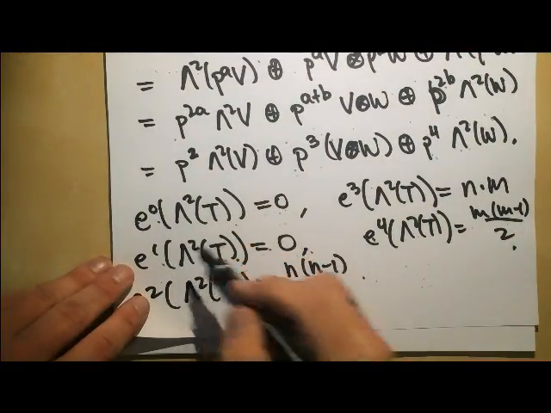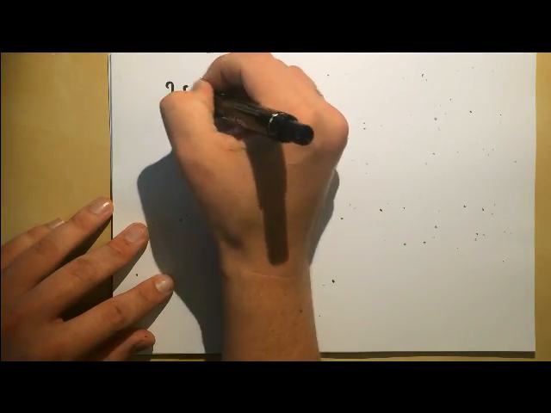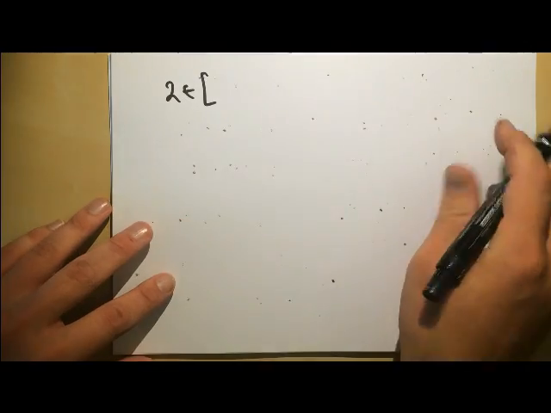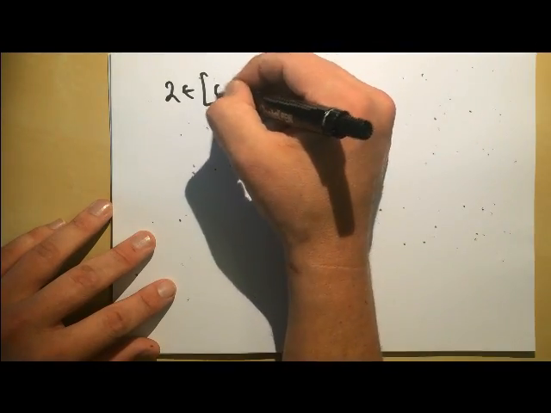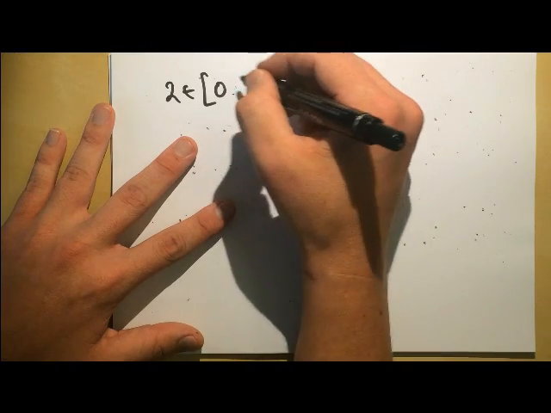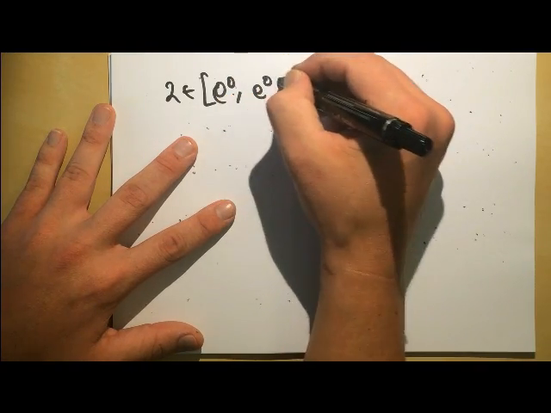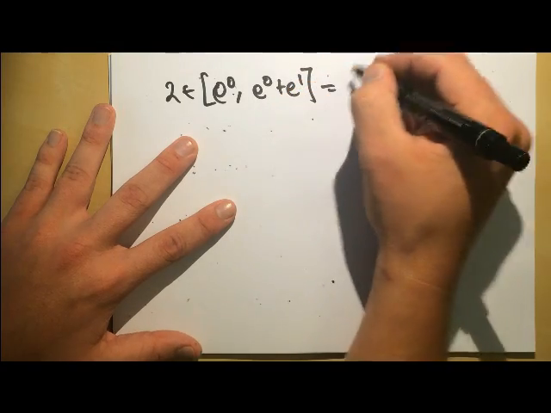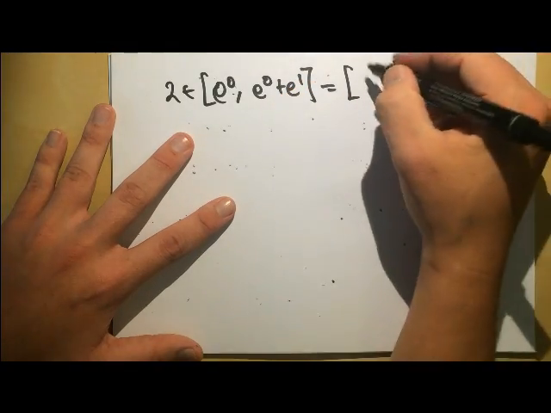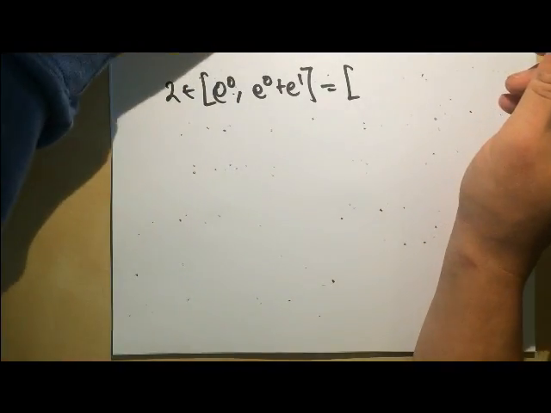Okay, so I is 2, and it turns out that 2 is going to be an element of, well, so we had 0, then E0 was 1, so we had 0, E0. So this is going to be E0 to E0 plus E1. So this is E1.